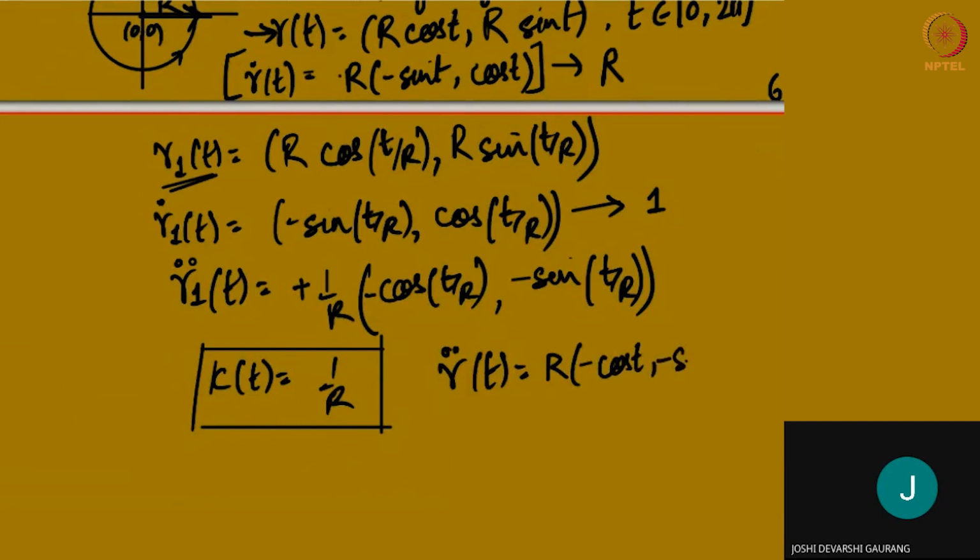And what is the magnitude of this? It's R. So you can see it's completely counterintuitive. It sort of gives us the idea that the curvature of a larger circle is larger. Yes, sir. Okay, understood? Yes, sir, got it.